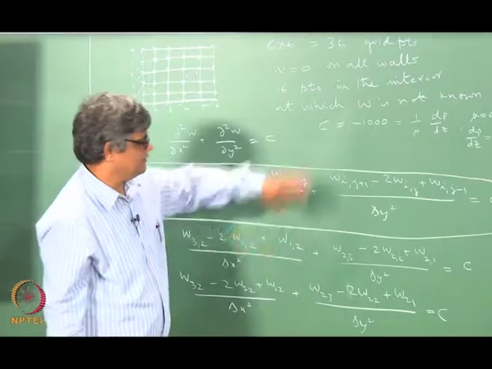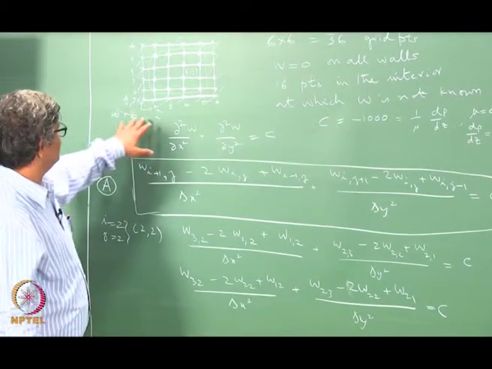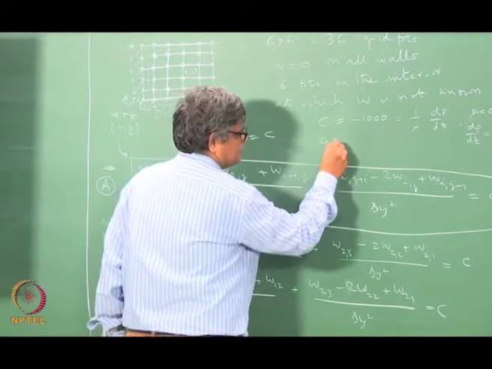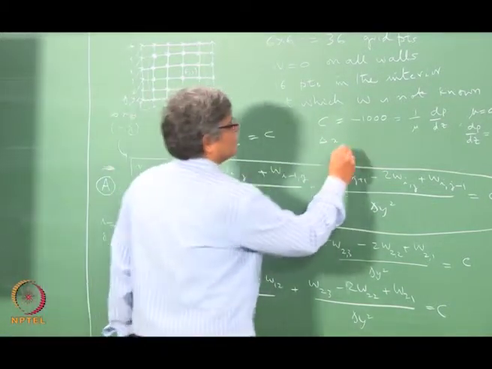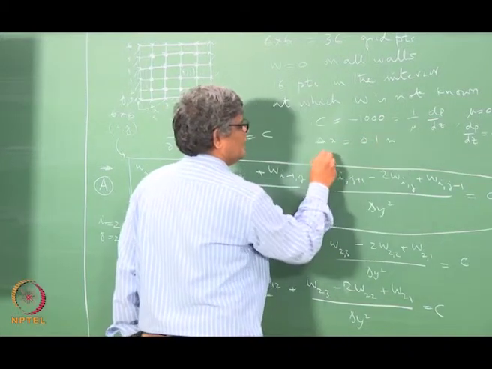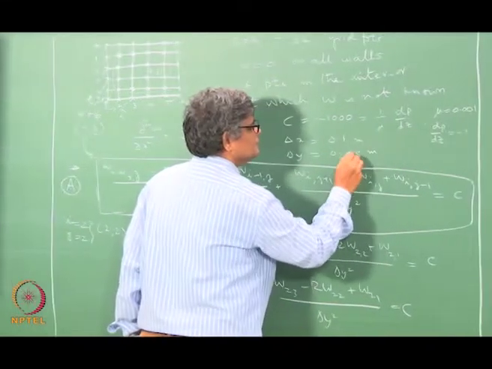This is in SI units, and we need to have delta x and delta y. So let us take, in order to get some numerical value, delta x to be 0.1 meter and delta y to be 0.05 meters.